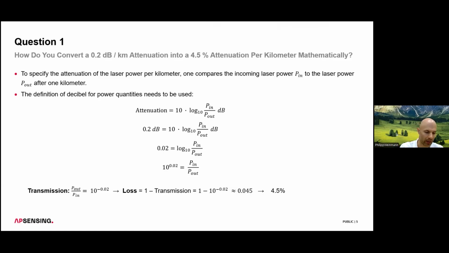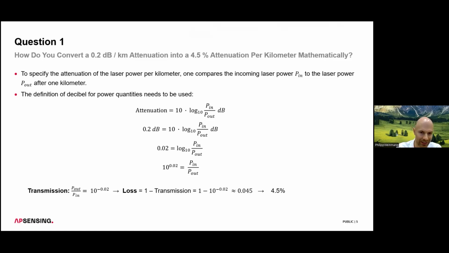So you have to compare the incoming laser power with the laser power after 1 kilometer. So we have to do it with two power levels. And if you want to compare these two power levels, then we are using the definition for decibel for power quantities, which is presented here in the top equation.